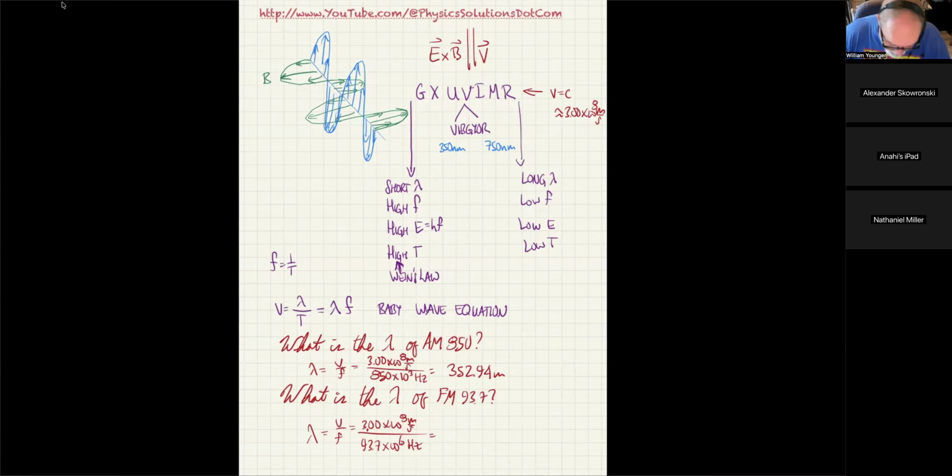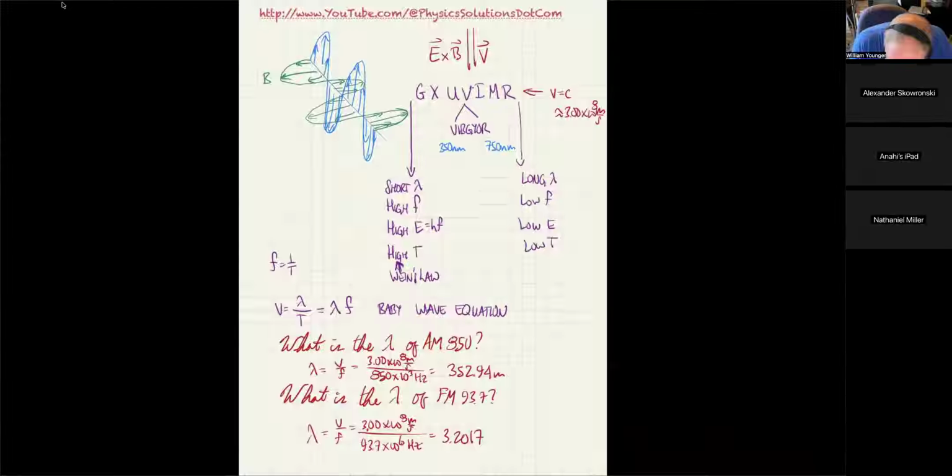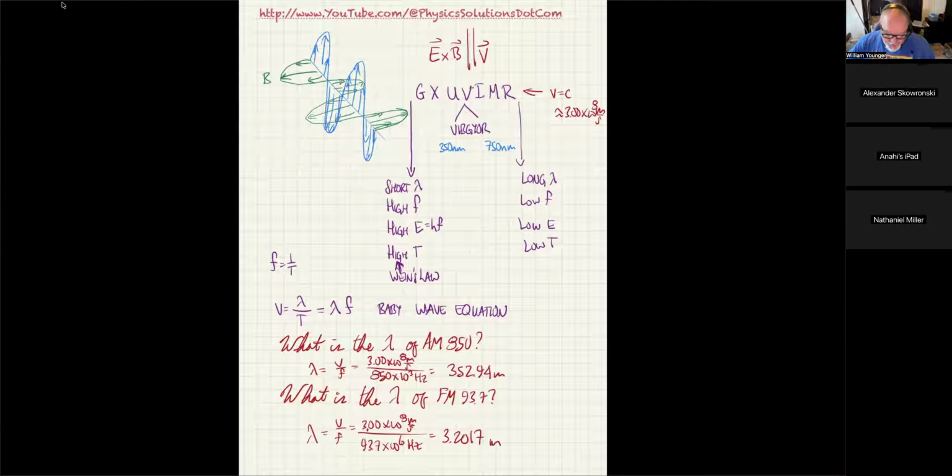So when we do that one, we're going to say 3 times 10 to the eighth divided by 93.7 times 10 to the sixth. And that gives me 3.2017 meters as the wavelength. So that's the kind of calculation you should be able to do. But that's pretty much it.